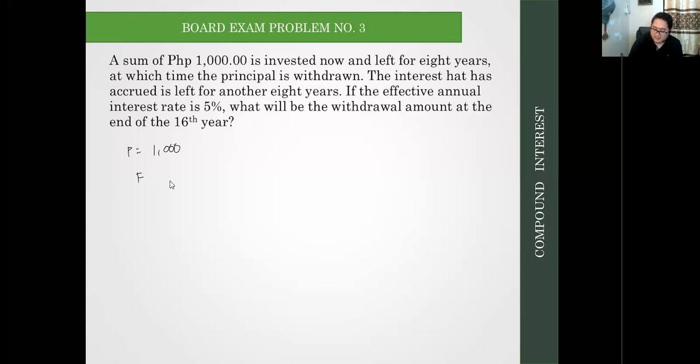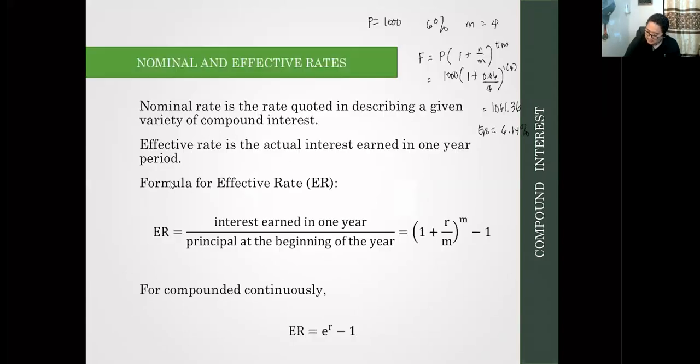Here's the effective annual interest rate. Okay? So, ang effective annual interest rate natin is 5%. Okay? And may formula tayo, ER is equals to 1 plus R over M raised to M minus 1. Let's check yung formula natin.